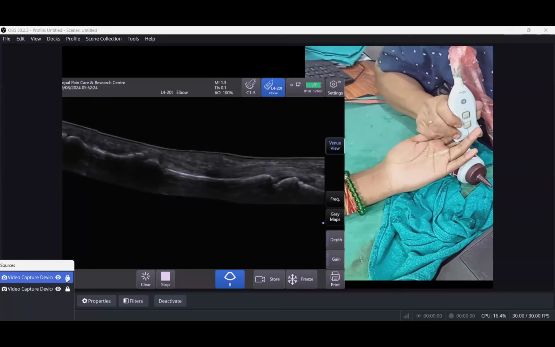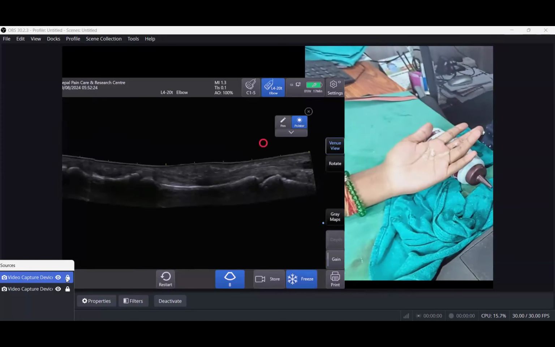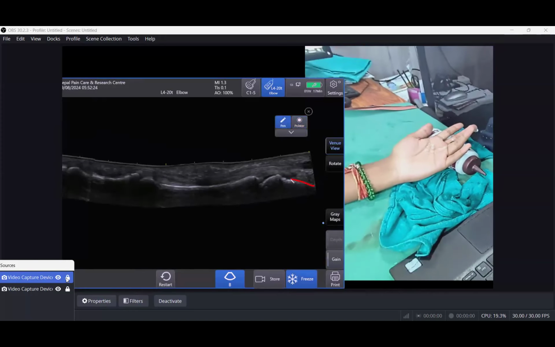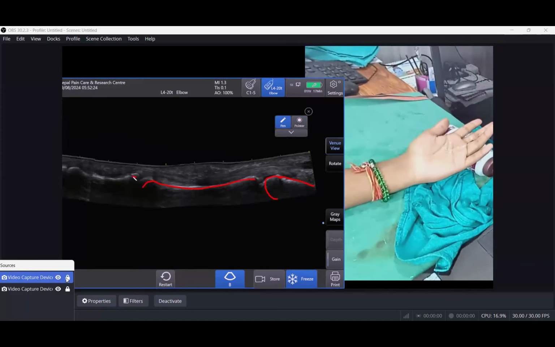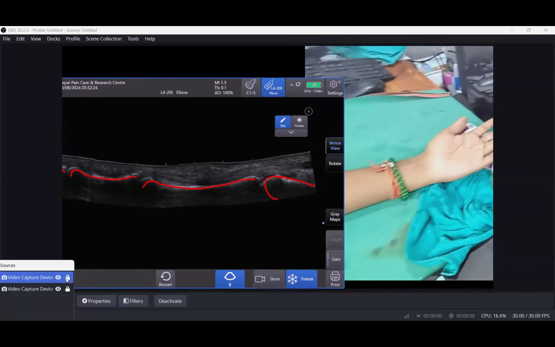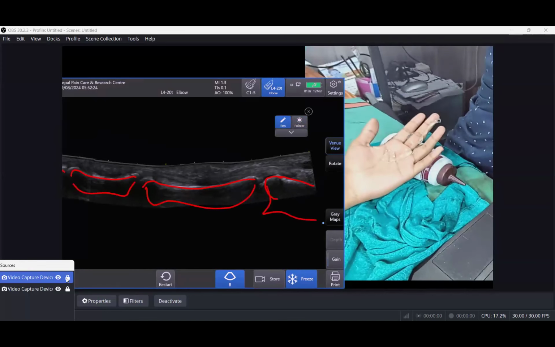You can very nicely see this is the metacarpal, this is the proximal phalanx, this is the middle phalanx, and this is the distal phalanx. Our fingers are like this, no? And you can very nicely see the tendon, like a wavy tendon going there.